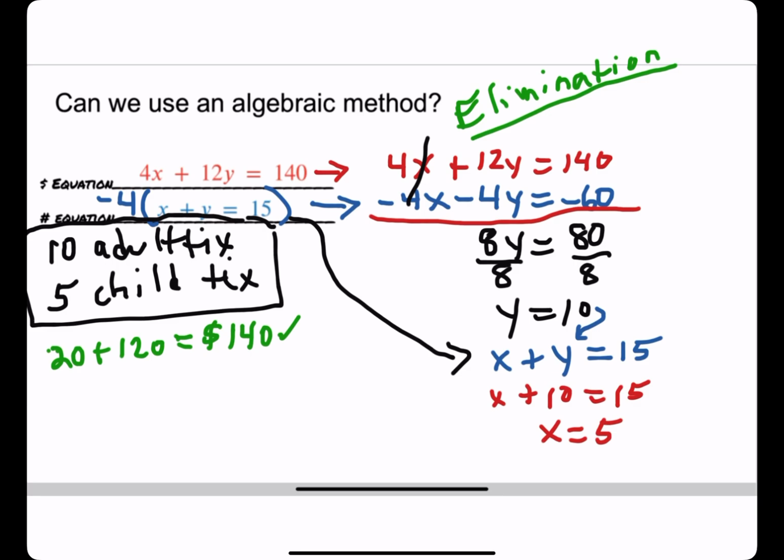That checks. Since there's 5 children and 10 adults, that adds up to 15 total tickets, and that checks with the words. So there's your 2 methods of solving real-world linear systems of equations: algebraic and graphically.